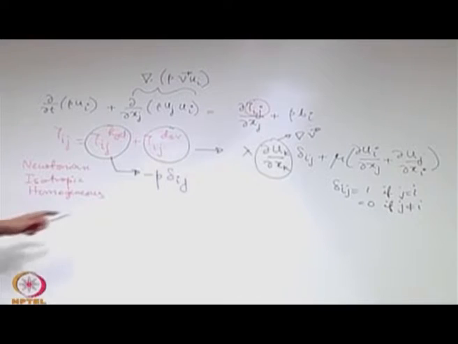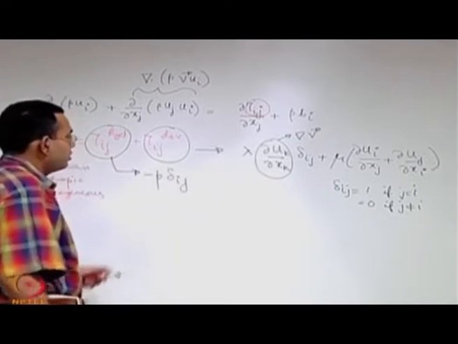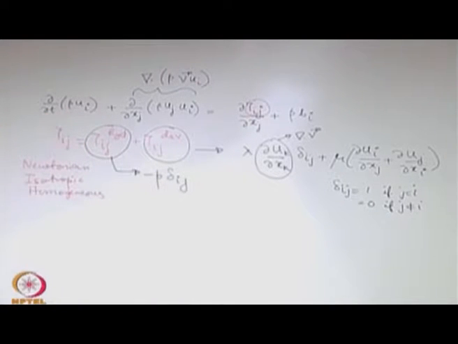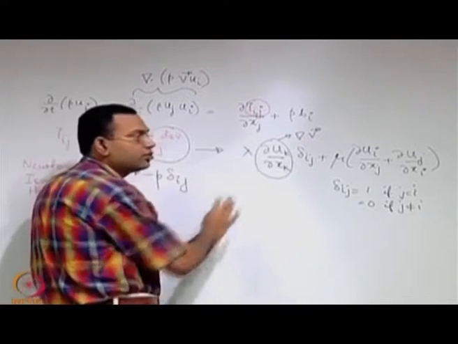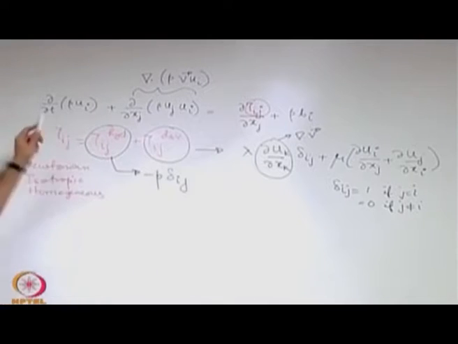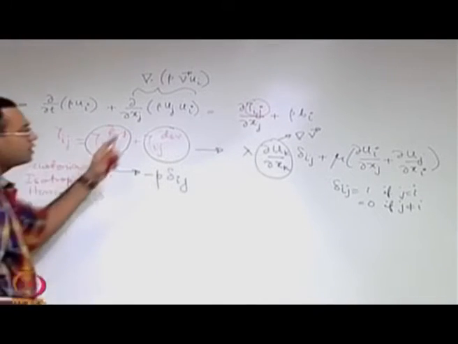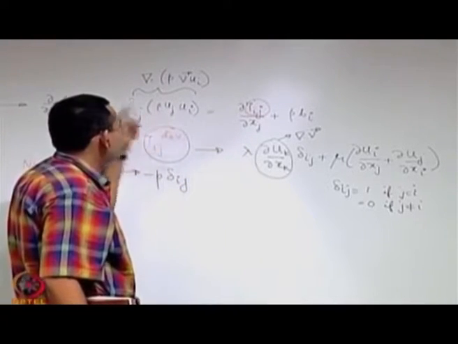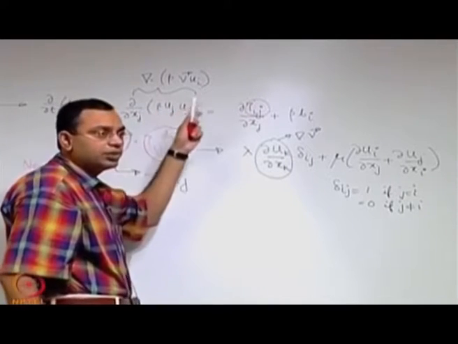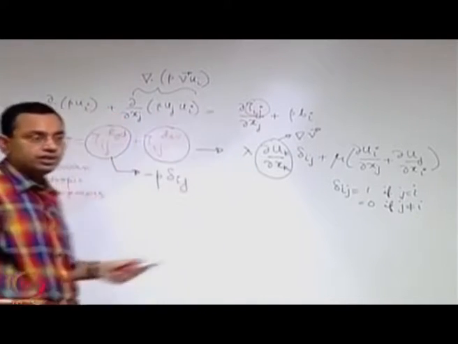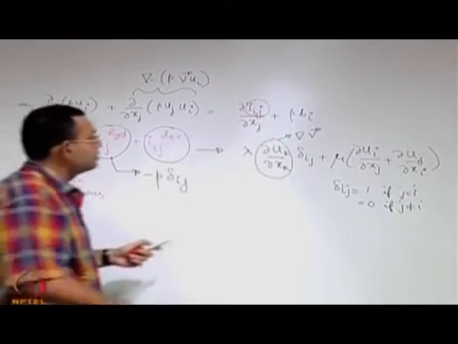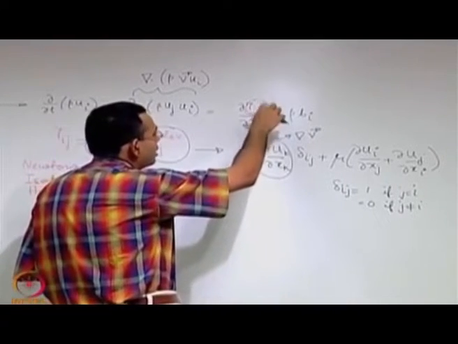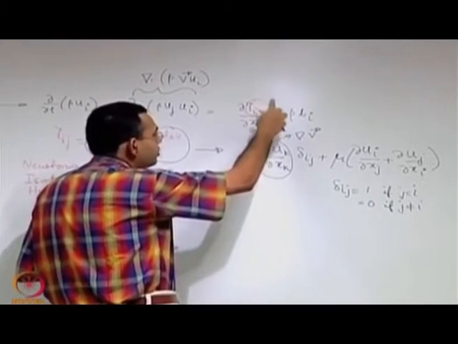Now we will try to find out what this relation is trying to give us. See, when we were talking about the equation of motion, this equation of motion had several unknowns. Some of the unknowns are the velocity components, so u1, u2, u3, and the other unknown was any component of the stress tensor.